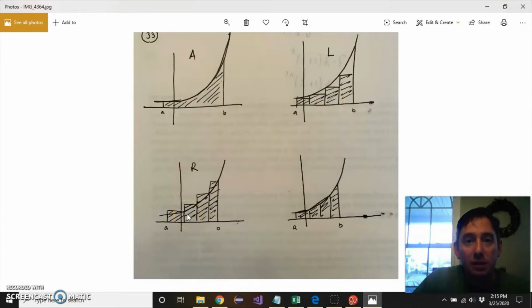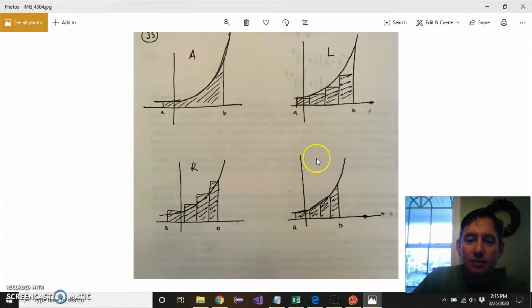A right Riemann sum is going to be high because no matter how many rectangles I break this shape up into, the right side of every single rectangle is going to jut out from the curve a little bit. So it's definitely going to be a high ball figure. A trapezoidal one, I know that looks kind of exact.